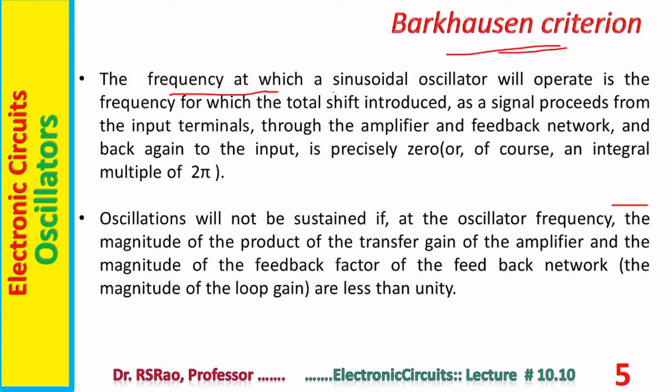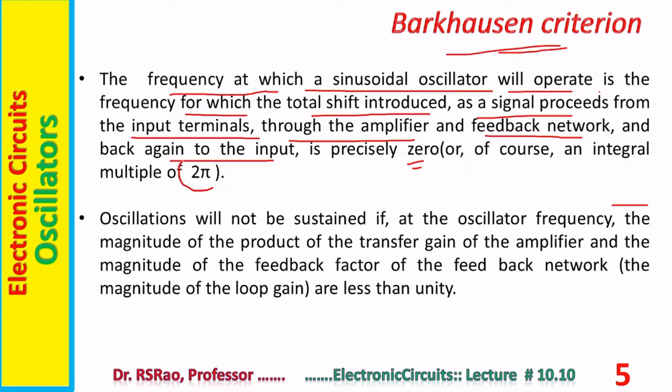The frequency at which a sinusoidal oscillator will operate is the frequency for which the total phase shift introduced as the signal proceeds from the input terminals through the amplifier and feedback network and back again to the input is precisely 0 or 2 pi. In practice, the value that is used is 2 pi.